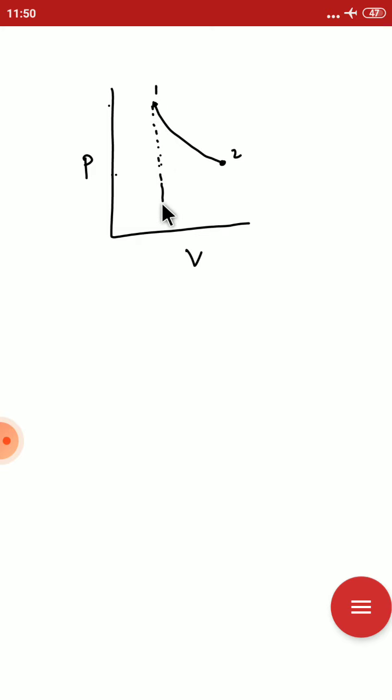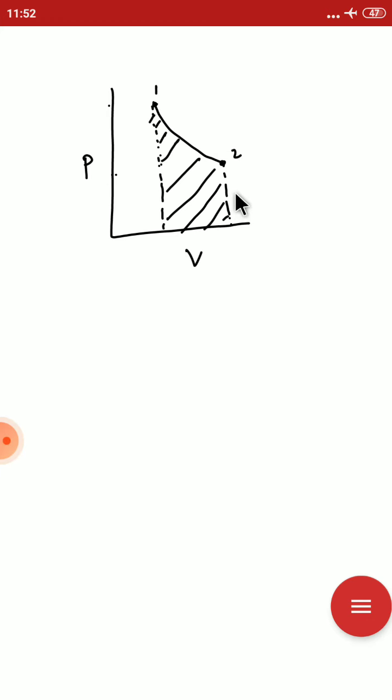The area under the curve represents the work done in the process. Now we have discussed the PdV work. Now we will see PdV work in various quasi-static processes.